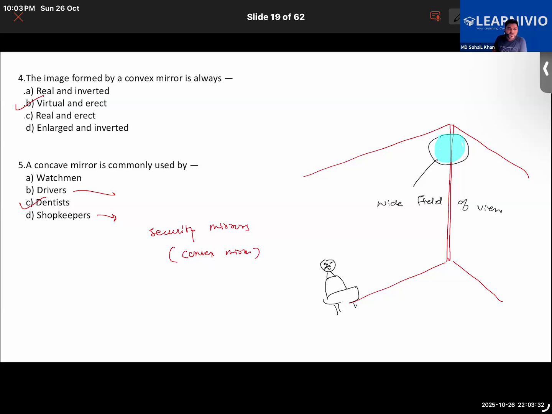Now the watchman. What will the watchman be using here? You will see that, particularly the night watchman, they will always be carrying a flashlight, a torchlight with them, right? So do they use convex or, no, no, hold on, concave. It's watchman actually. Sorry, I mistook it.